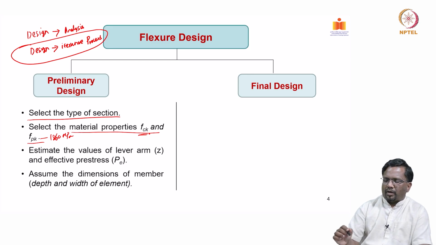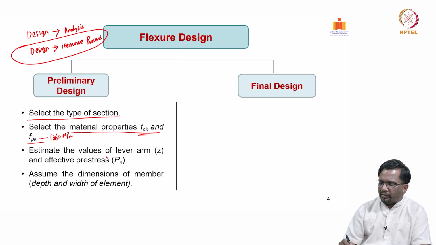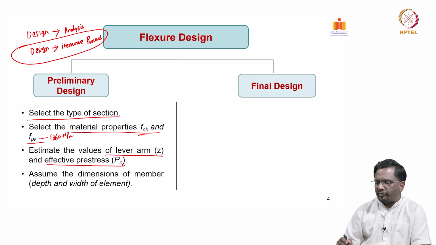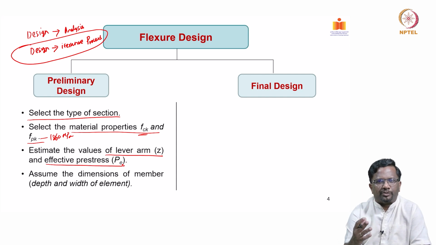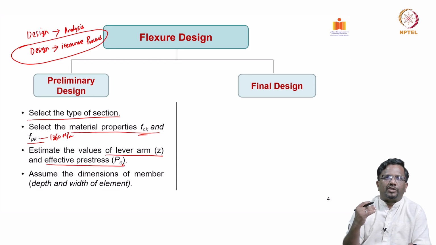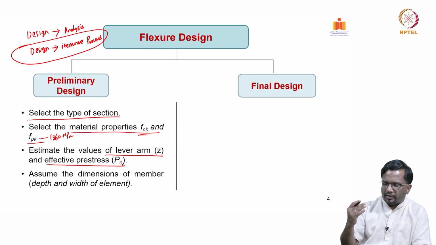Then we estimate the values of lever arm and the effective pre-stress. This is a critical thing. The span will be known to us, so we assume some sectional details based on preliminary thumb rules, and then we see how much lever arm is required, and from there we calculate the effective pre-stress.